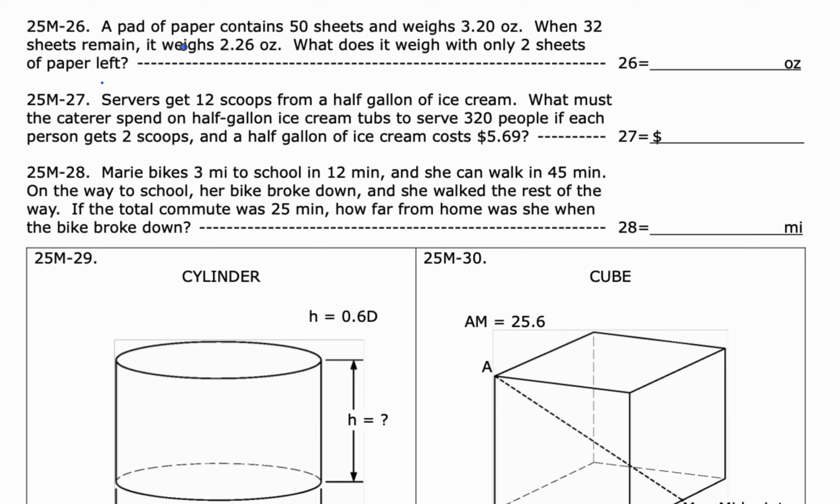It's intuitive to want to do a proportion, and it's really good. The challenge is that because the cardboard pad has some amount of weight, there's an offset to each of these numbers. Now we could do this another way with another proportion, where we could do 3.2 over 50 plus x, so to speak, and then do the same thing with 32 plus x under the 2.26.